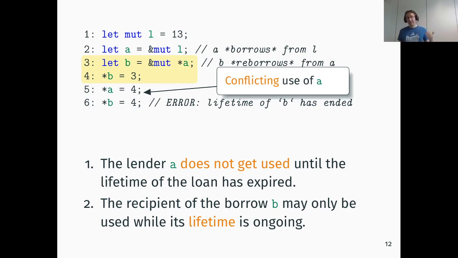So at that point, clearly to satisfy rule 1, the lifetime has to be over, and so the lifetime is the shaded yellow area that I've indicated there. Just lines 3 and 4. But then the second rule says that in line 6, when we're using B again, the lifetime of B has to be alive, which is a contradiction to the fact that in line 5 the lifetime has to already be over, and so we have here a violation of this principle. We can't satisfy both of these rules at once.